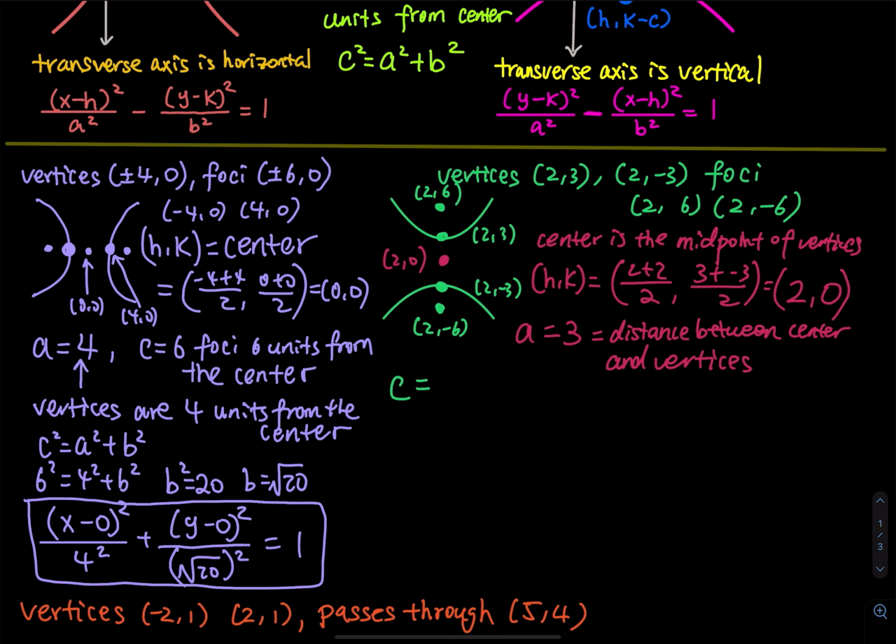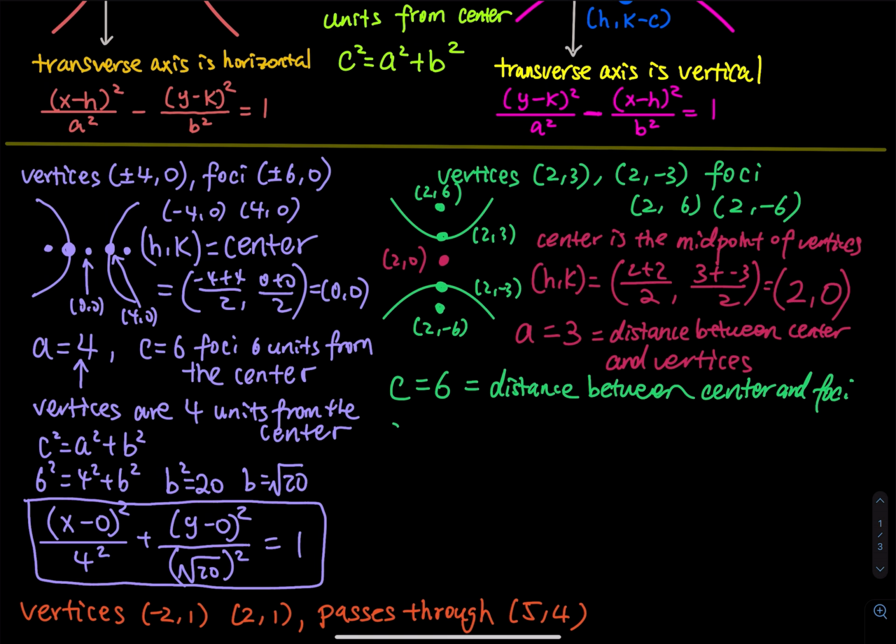What is c equal to? From 0 to 6, and then from 0 to negative 6, that is 6 units, right? Okay, then c is equal to 6, which is the distance between the center and foci.